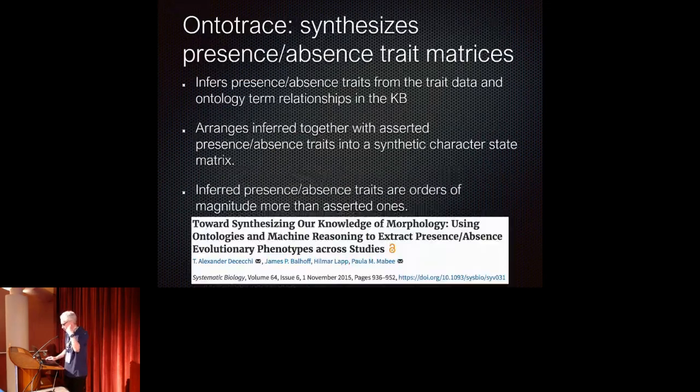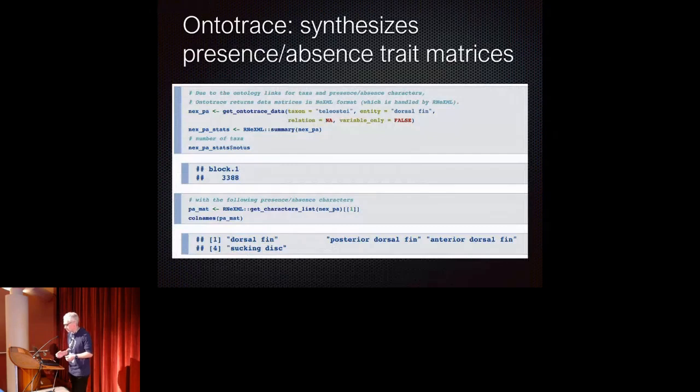And so we've taken this to a large scale analysis, and just to illustrate this a little bit here, I have access to this within the RPhenoscape API, right? It's called ontotrace. I can obtain ontotrace data or this inference presence-absence trait matrices for a taxon, and say here, for example, for dorsal fin across all the teleosts, right?